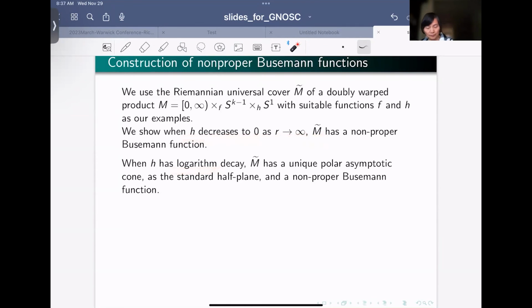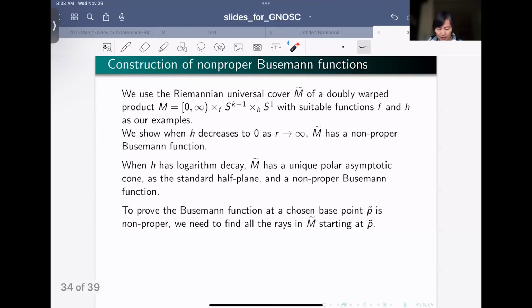Okay, so that's the big idea, now in more detail. How do we do it precisely? We choose several steps. In order to decide whether the Busemann function is proper, we look at the Busemann function at a point, so we need to look at all the rays starting at the point. First, we have to find what are all the geodesics starting at that point, right?